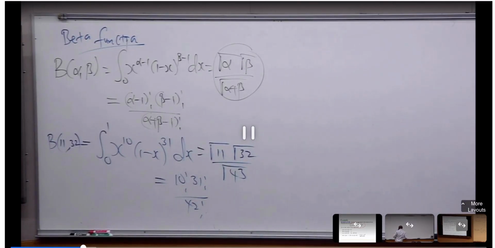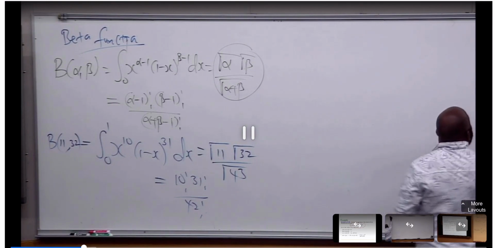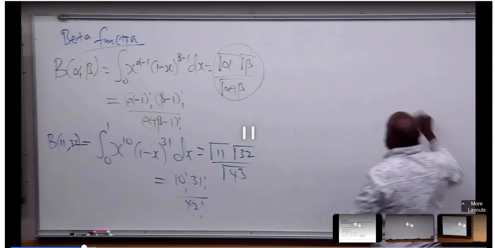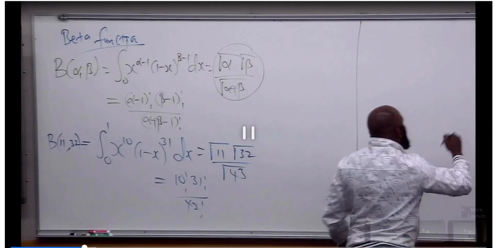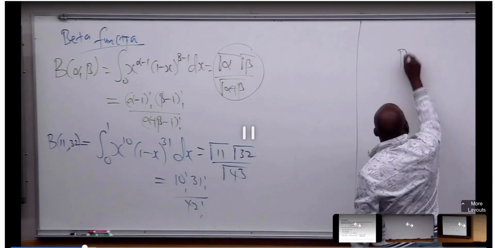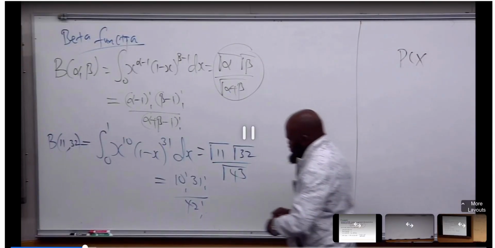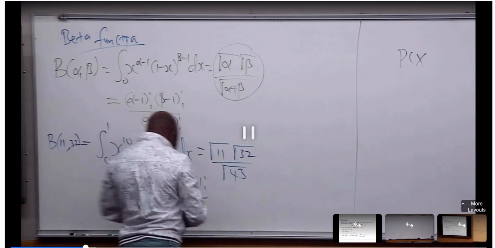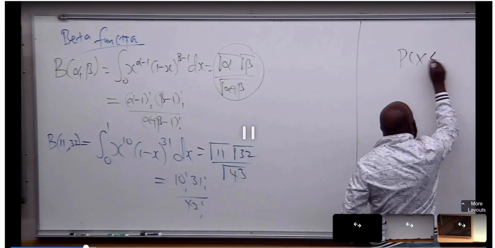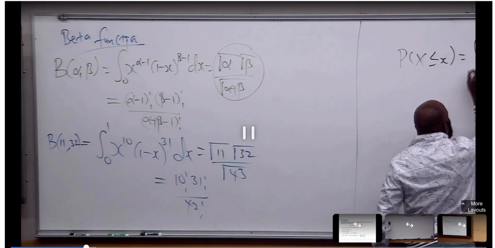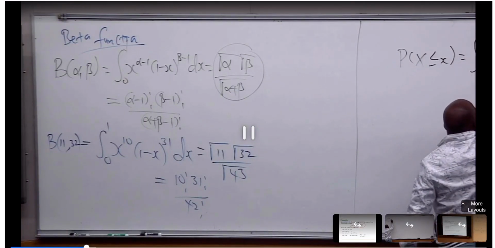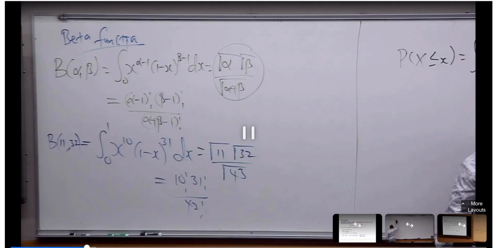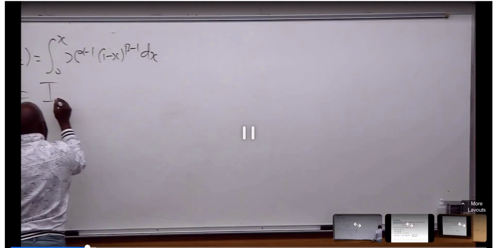What I'm trying to say right now is that the probability of X less than or equal to x is the integral from 0 to x of t raised to power this, 1 minus t raised to power this, dt. What I'm trying to tell you is actually this.